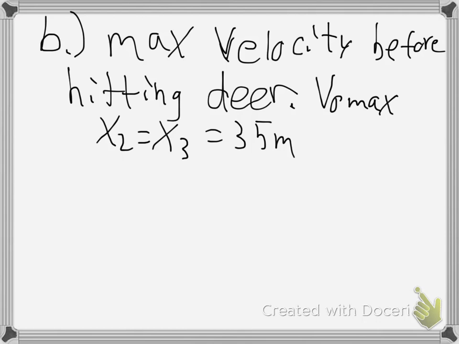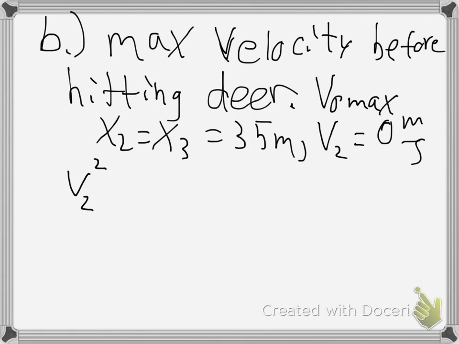So if we rewrite the last part of the question that we did in part A, remember we're going to consider V2 to be where the car comes to a stop, so that would be 0 meters per second. We use the time-independent equation again, because we have no idea how long it's going to take the car to stop.